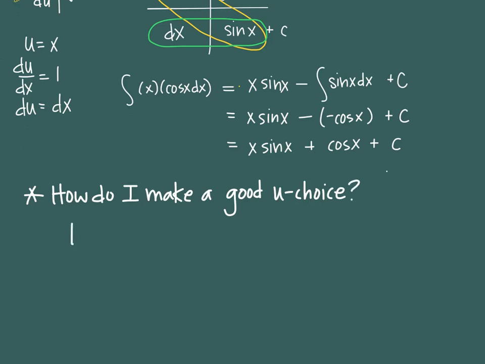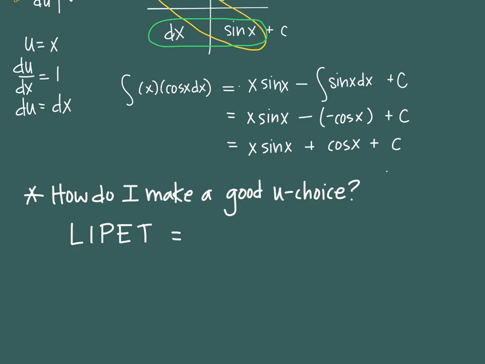It's L-I-P-E-T. It's like when you learned PEMDAS back in the day. Please excuse my dear Aunt Sally, so that you knew what order to do things in. LIPET is the same thing, so that you know which order to choose things first.